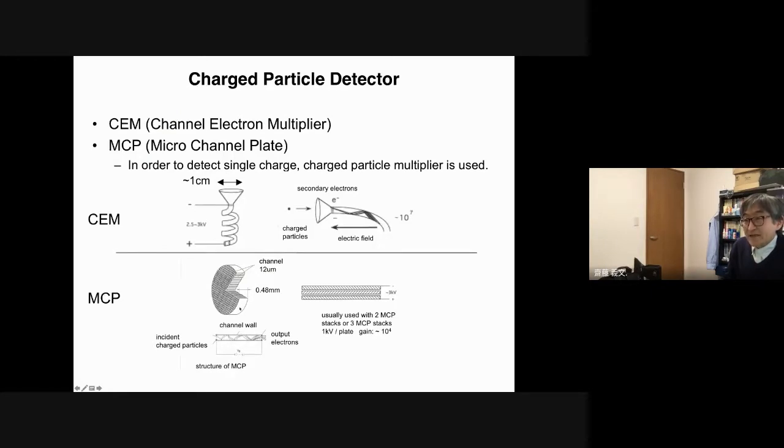Using one plate with a thickness of 0.5 or 1 millimeter, the unit charge is multiplied up to about 10 to the fourth. We want to multiply to around 10 to the seventh, so we have to use multiple MCPs stacked together.